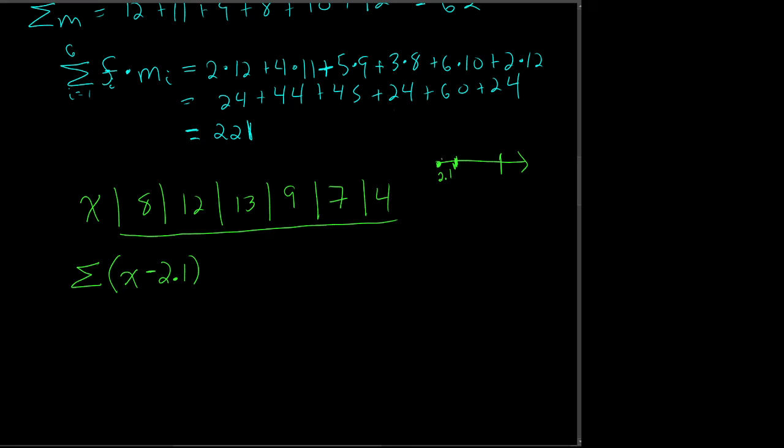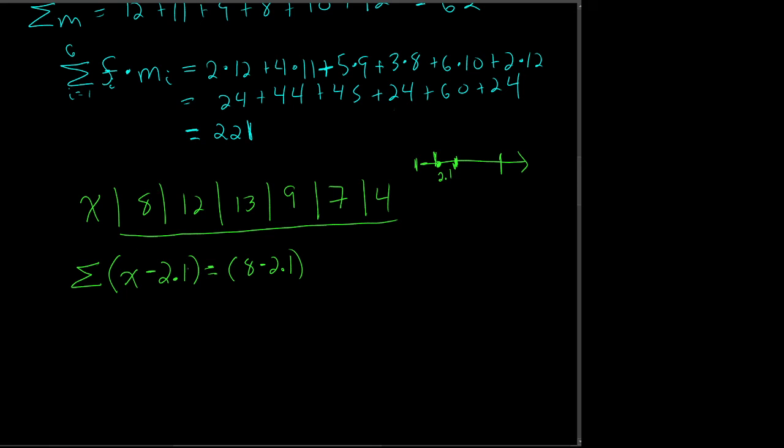Or over by 2.1, I guess I should say, because of the way it was folded. And so I have to correct each of these measurements by 2.1. Well, I can do that. I can say, sum all of these up and subtract the 2.1 from each one. And so my sum says 8 minus 2.1.